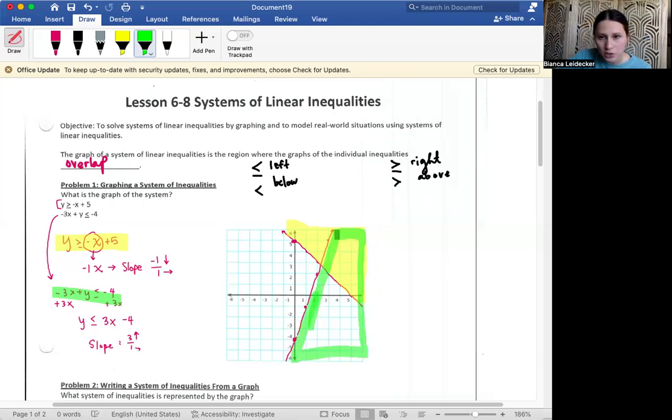And if you're ever not sure, you can always pick a test point to double check, plugging in like 0, 0 or something like that to see if you're shading to the left or right of that.